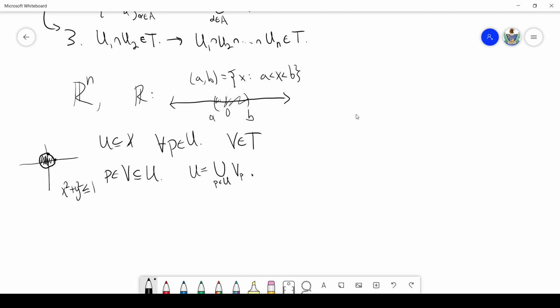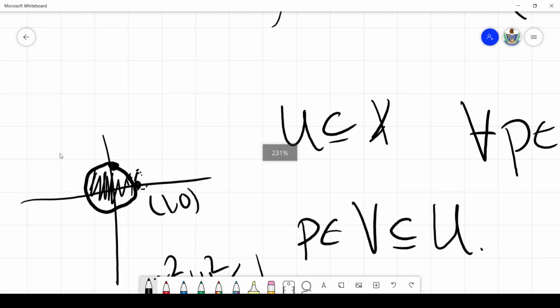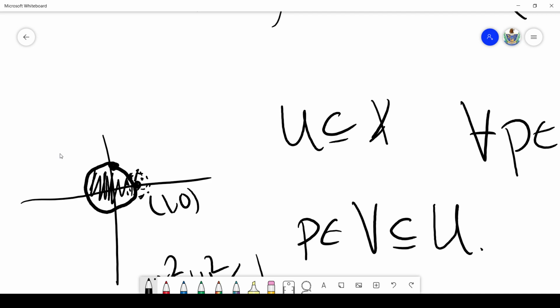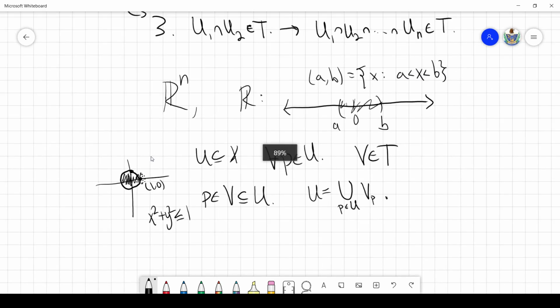If you pick a point, for instance the point (1, 0), any open set around this point will necessarily have to go outside of the set, and this is the definition of a boundary point.